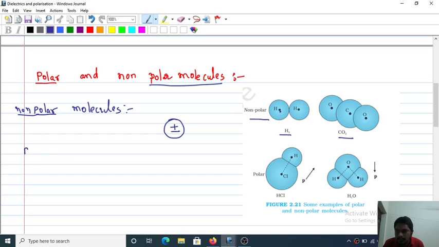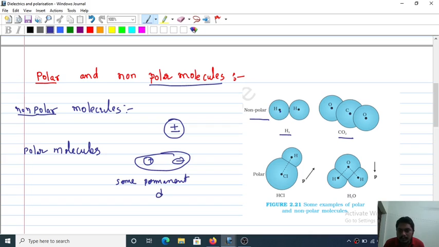In polar molecules, the centers of positive and negative charges are separated by a small finite distance. These molecules have some permanent dipole moments.